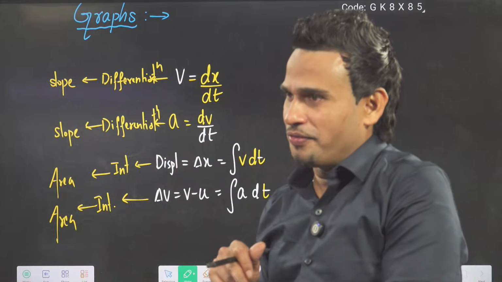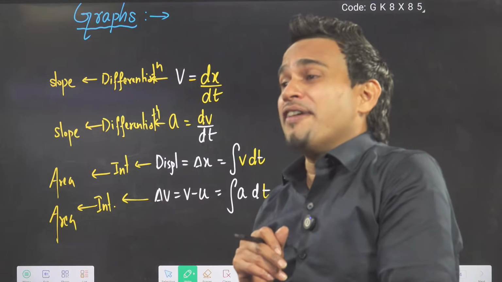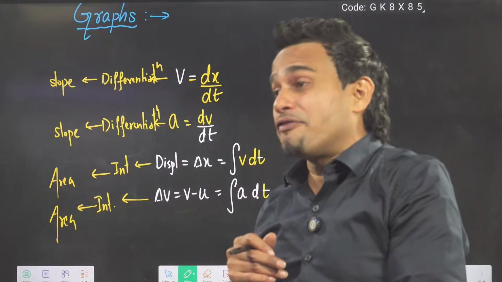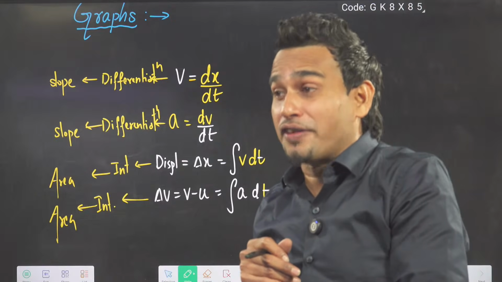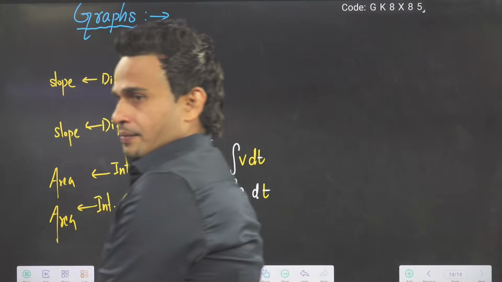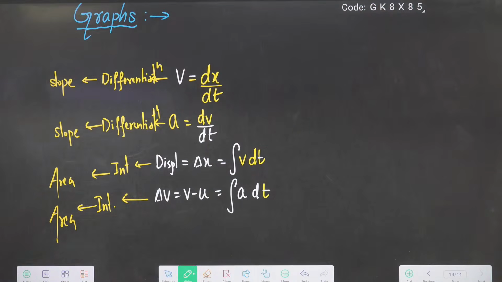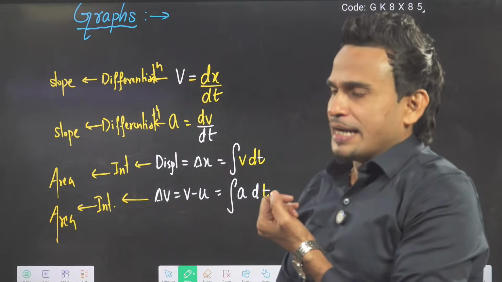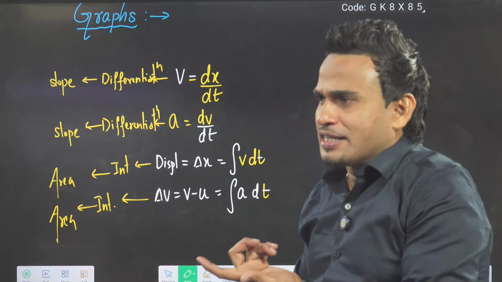Slope of velocity time graph is acceleration because acceleration comes by differentiation. Graphically, differentiation means slope. Displacement comes by integration of velocity with respect to time, and that integration is what graphically, sir? Area.